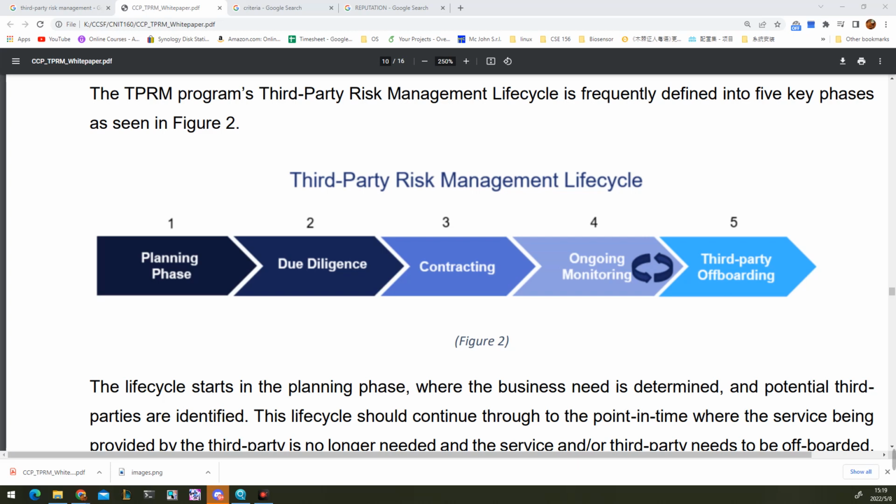Then the risk like the geopolitical operating location risk is considered: where does the third party provide service or conduct business? Does this location present additional risk to our company? So we need to consider the location risk.